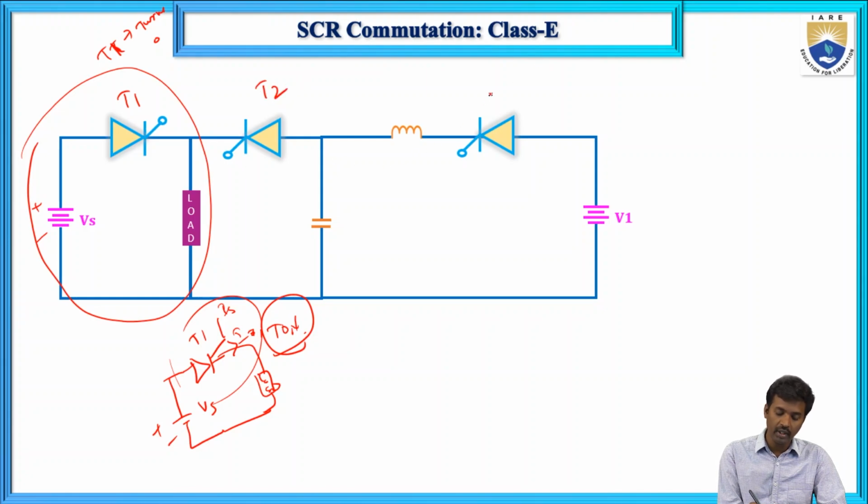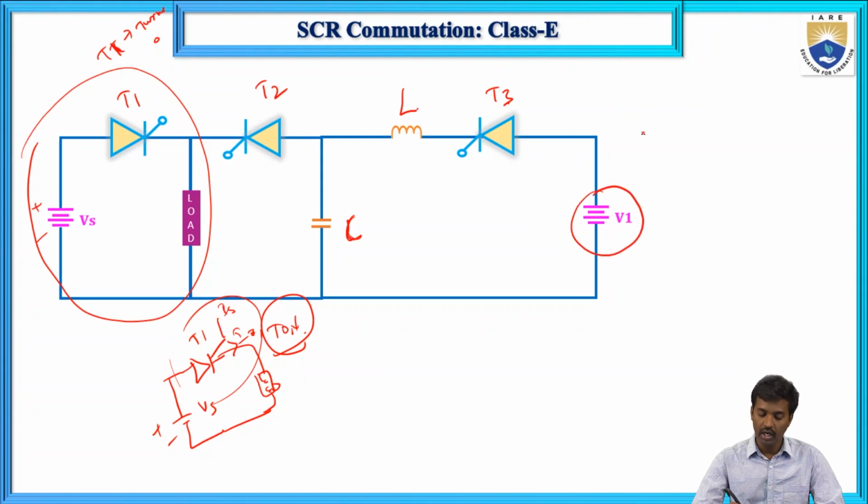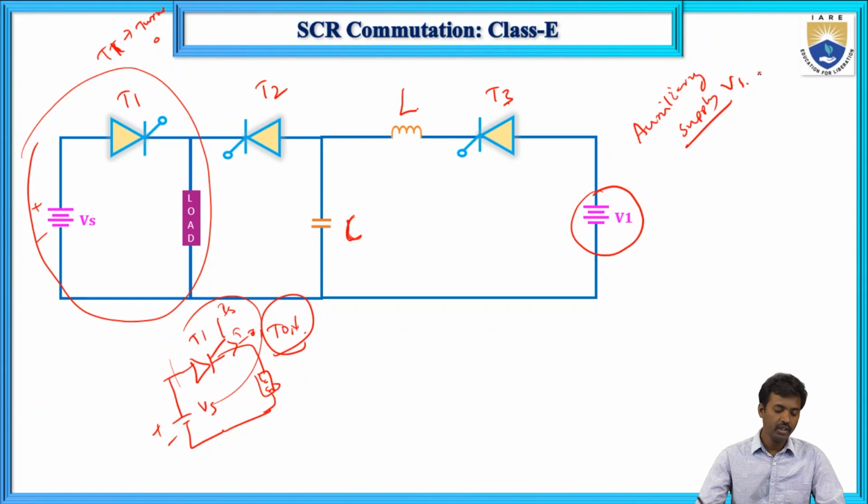To turn off this SCR T1, T2 and T3 are the auxiliary, that is external, thyristors. These two thyristors are used to turn off this SCR, and the other components are L and C, the capacitor and the inductor, and another one is the auxiliary supply, that is V1, and this is the load.